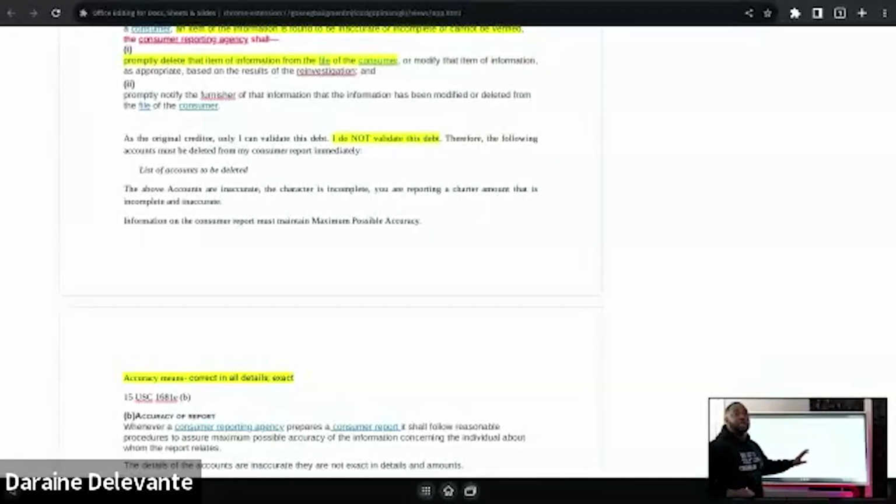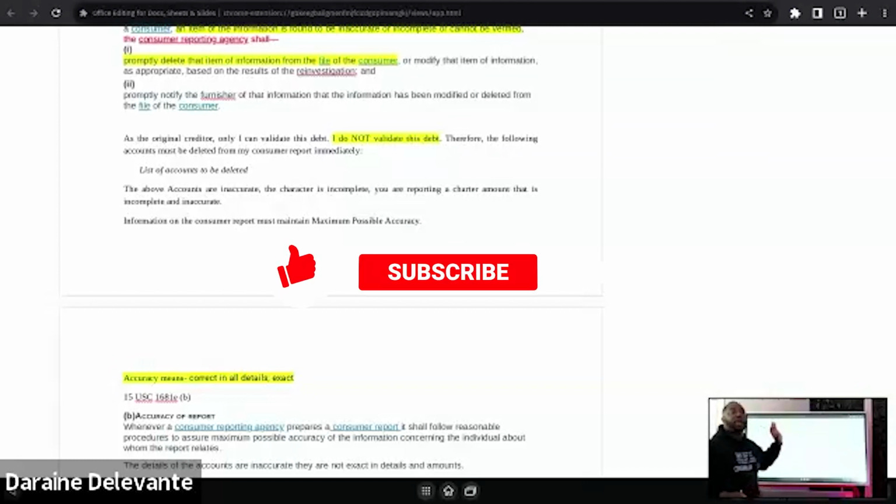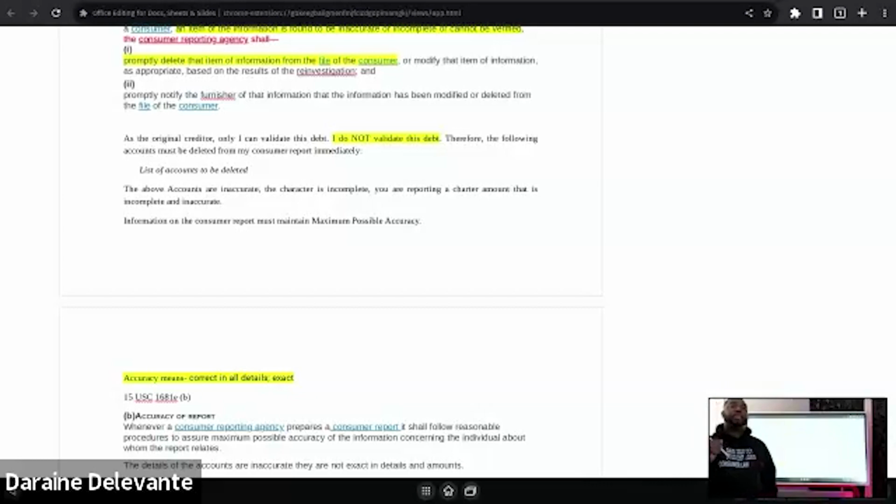And after the round 2 letter, you can do your arbitration, you can go to civil. You have grounds now for a lawsuit because the reinsertion part of the FCRA says within 5 days of the conclusion of the reinvestigation, they must send you a notice within 5 business days.